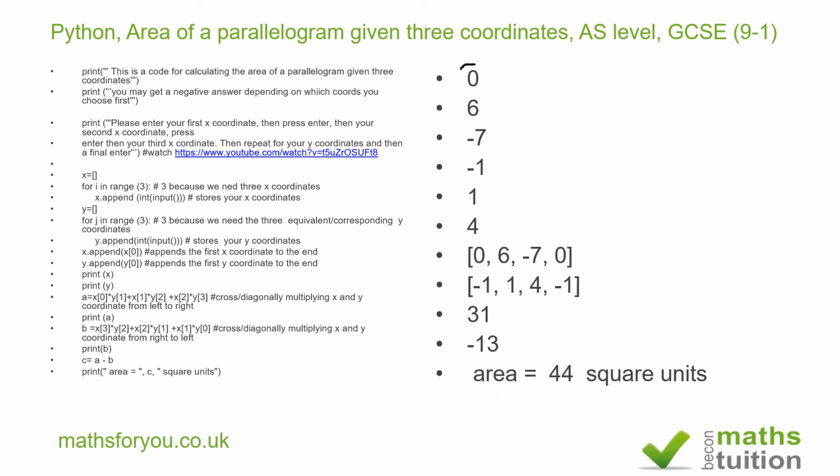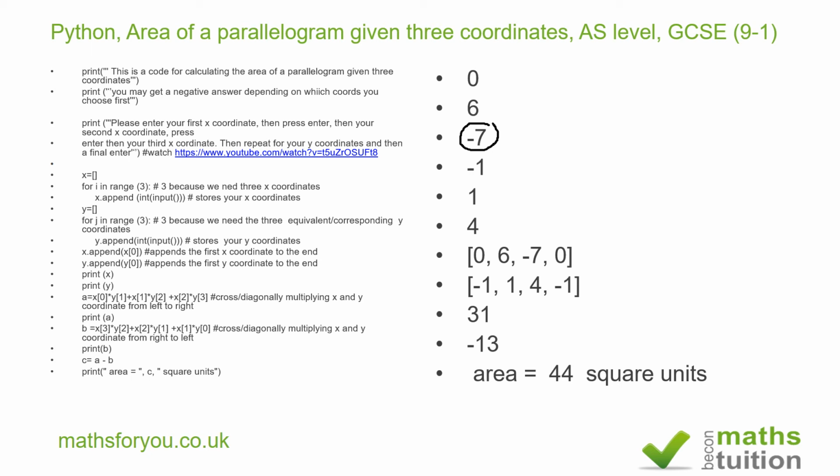This is the first X coordinate in your X list. That is the second X coordinate that occupies position 1. This is your third X coordinate, and that occupies position 2, index 2 there.